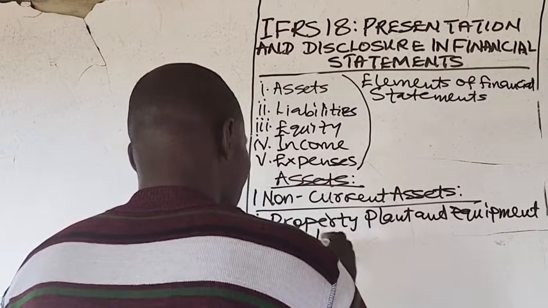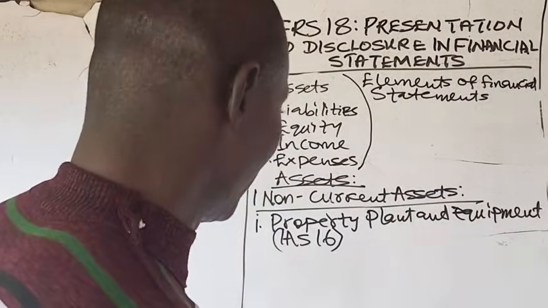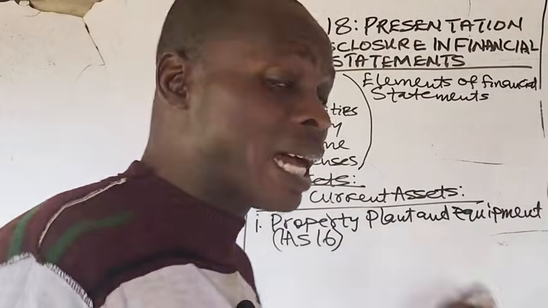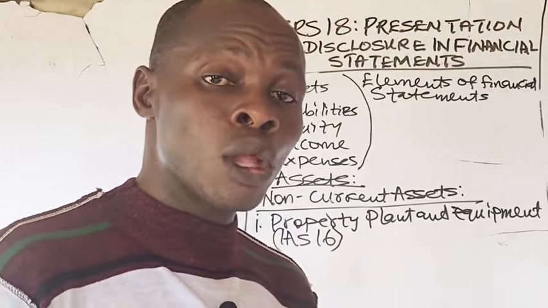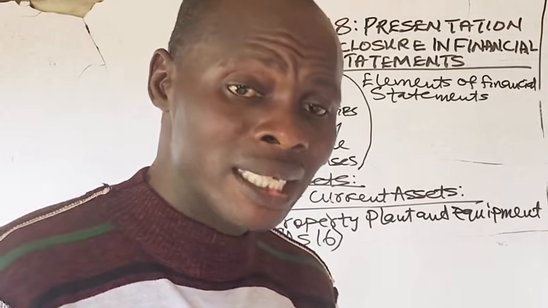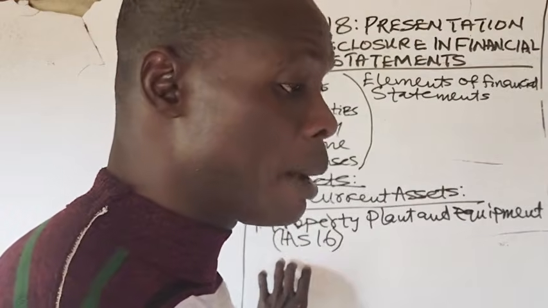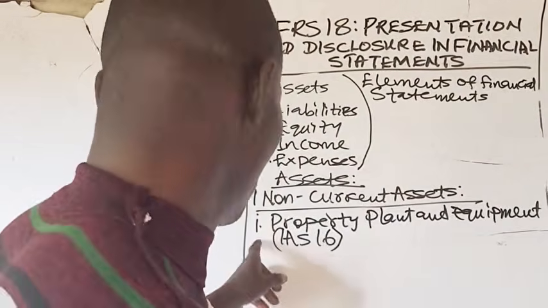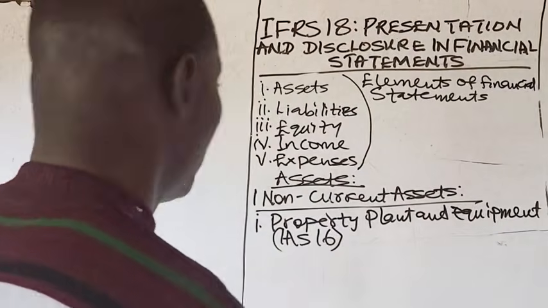Examples of property, plant, and equipment include land and buildings, motor vehicles, furniture and fittings, premises, plant and machinery.